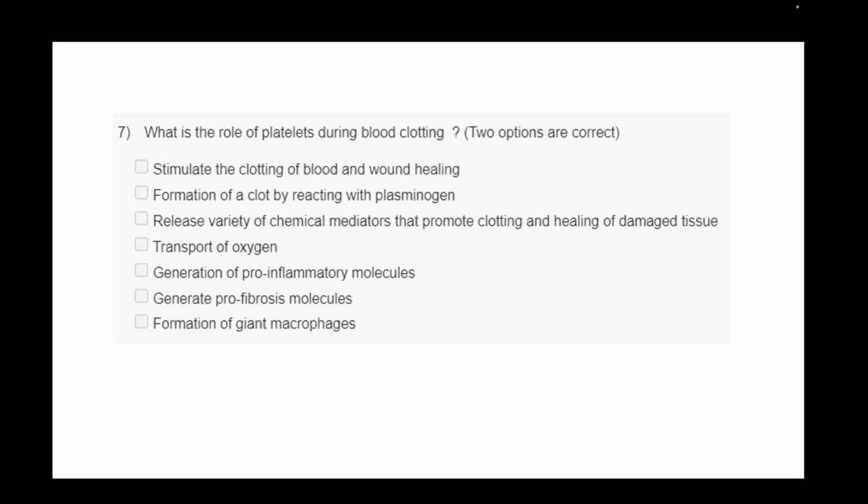So let's move on to the next question. What is the role of platelets during blood clotting? You have to select two correct options here.